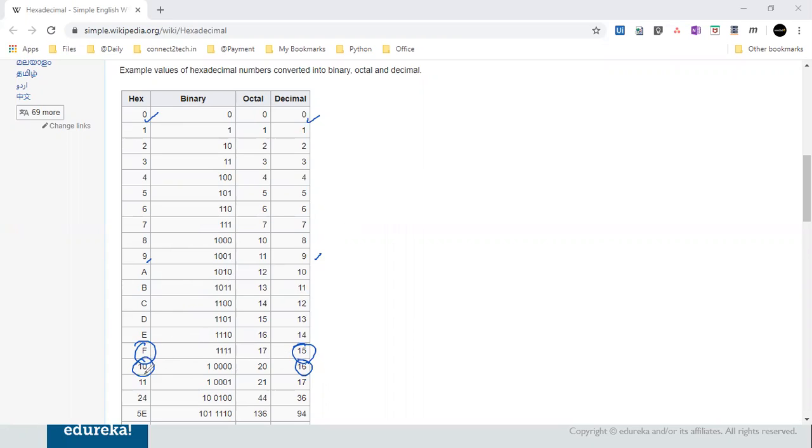Then 17 becomes 11. How is 17 becoming 11? You take 17, divide it by 16, it goes in 1 and remainder is 1. So we represent 1, 1, which is 17 to the base 16, right?